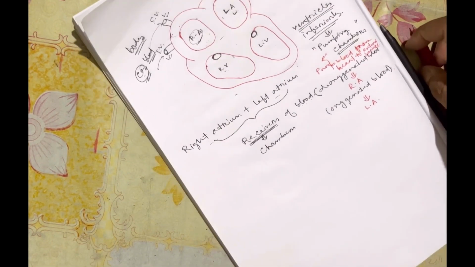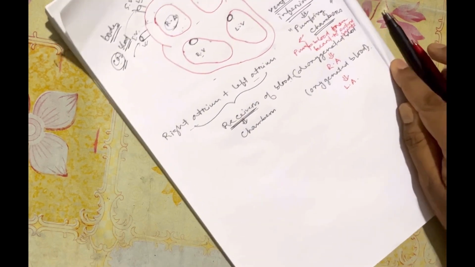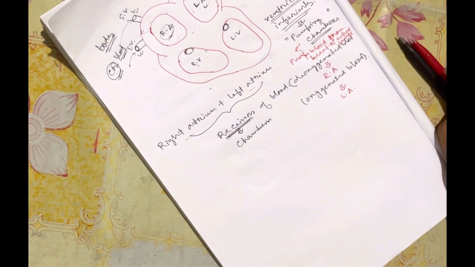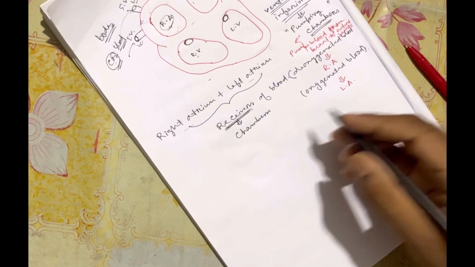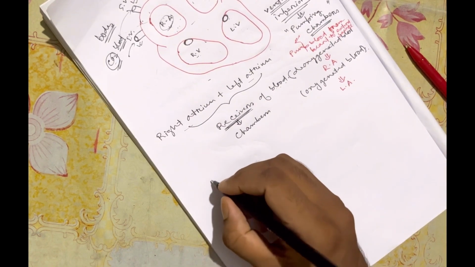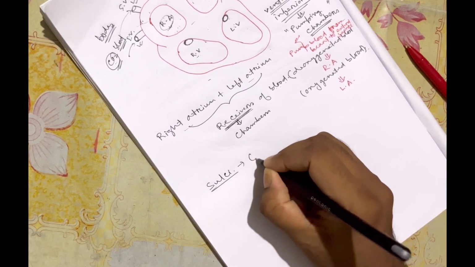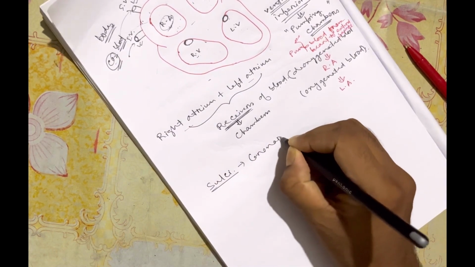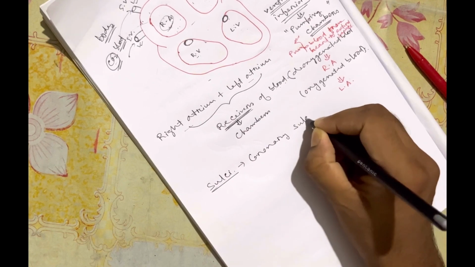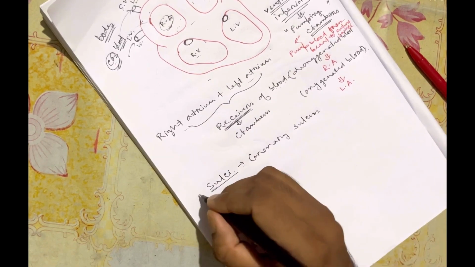Let's come to the main point here: one interesting thing is a word called sulci, or coronary sulcus. So what is that?